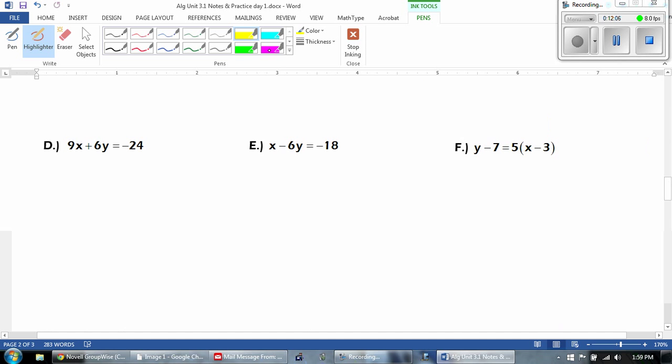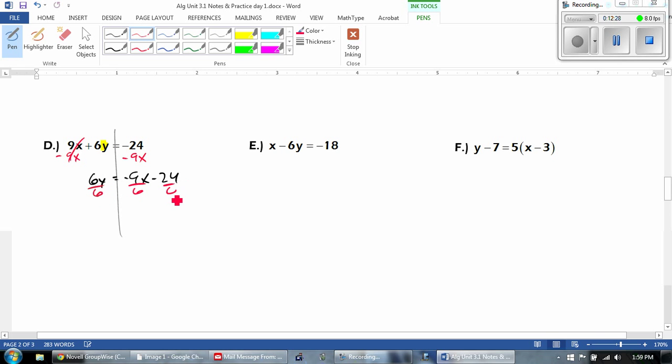Okay, letter D. Find that y. Okay, and now we're going to subtract the 9x to the other side. So we get 6y equals negative 9x minus 24.